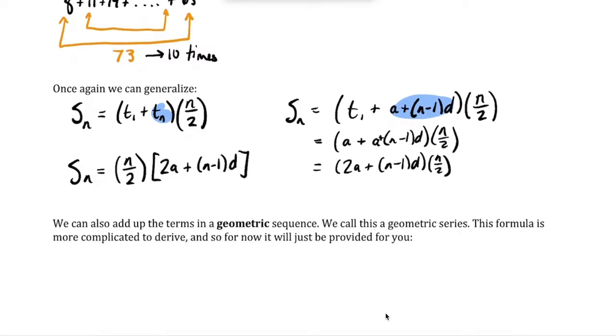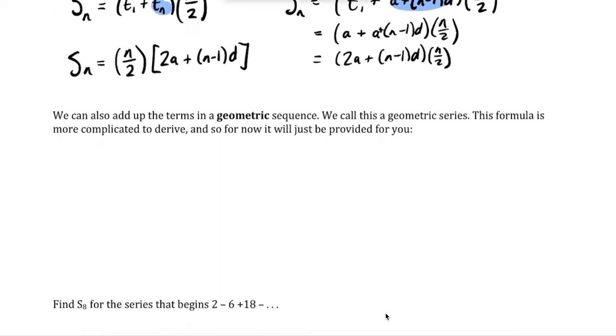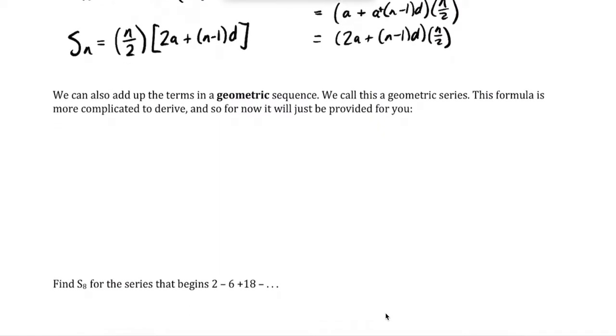Now, last one. We can also add up the terms in a geometric sequence. And if I wasn't doing this on video, I would show you how to do it. For the sake of what we're doing right now, I'm just going to provide the formula for you. But remind me in class when I'm back, and I will show you where this formula comes from.